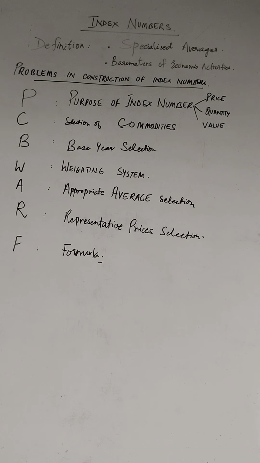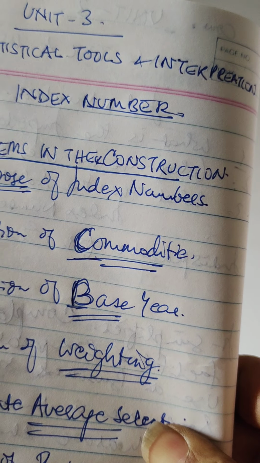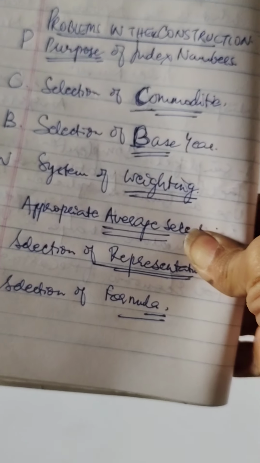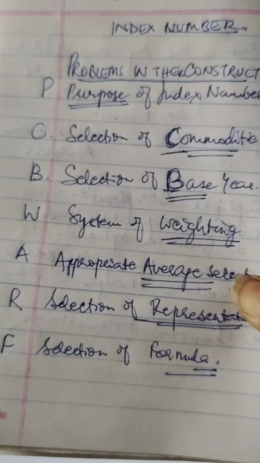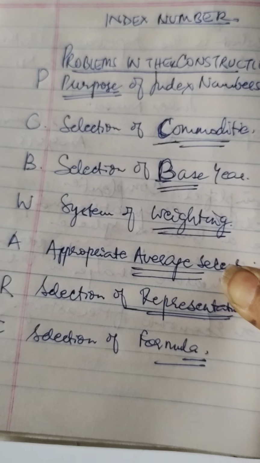So please, in your notebooks, make this. Open your books, make a note for each of these points. Write a short note for each of these points. Sometimes instead of asking what the problems of construction of index number are, they might just ask what is a problem which one faces when selecting the base year.